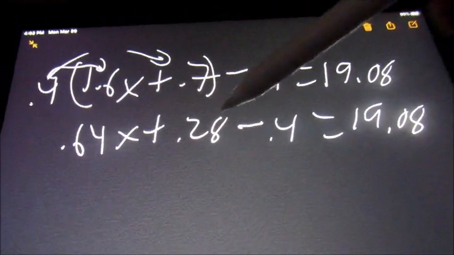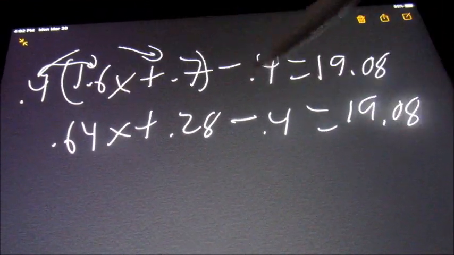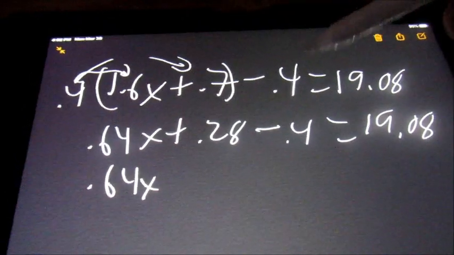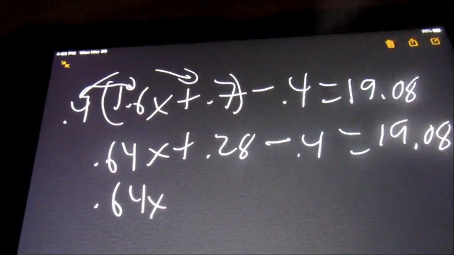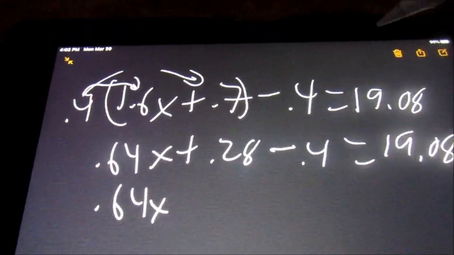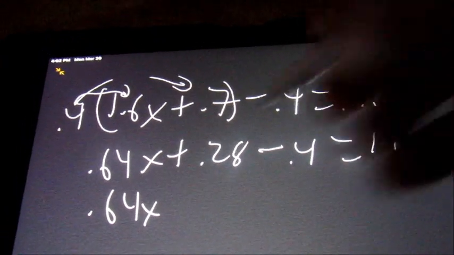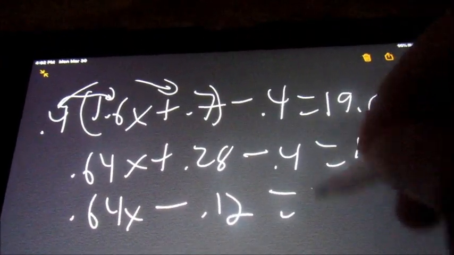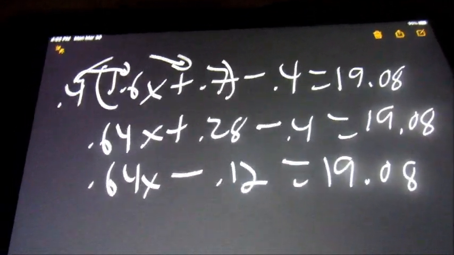So the next thing we need to do is combine like terms. So we have the 0.64x and then 0.28 minus 0.4, which will be minus 0.12, equals 19.08.